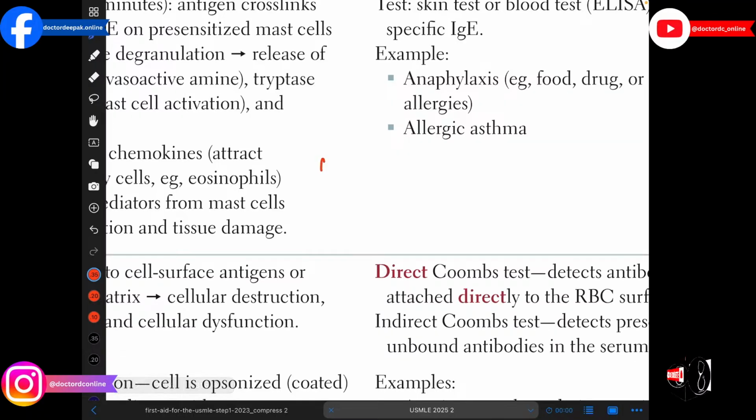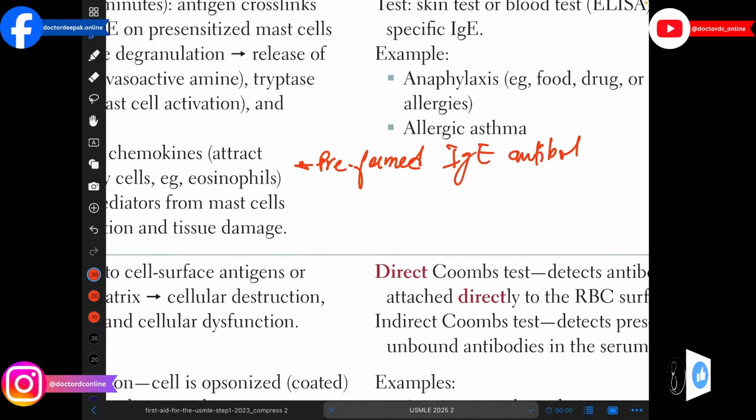They are having preformed IgE antibodies. Due to the primary exposure, the antibody is bound to the mast cells, and when the antigen binds, it cross-links IgE, causing mast cell degranulation.